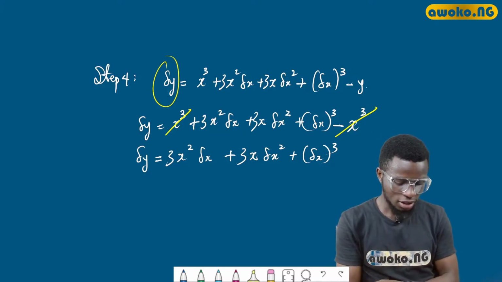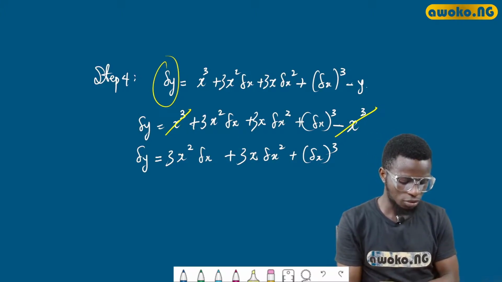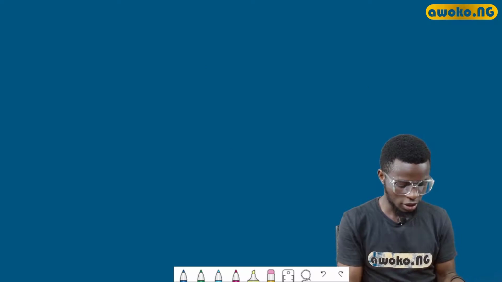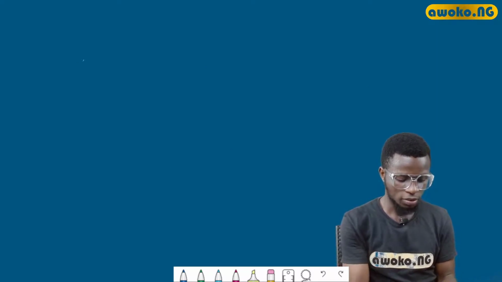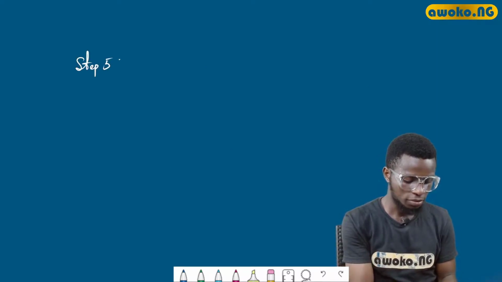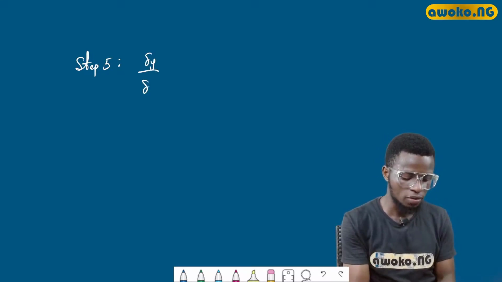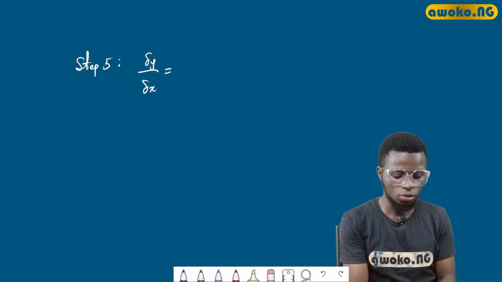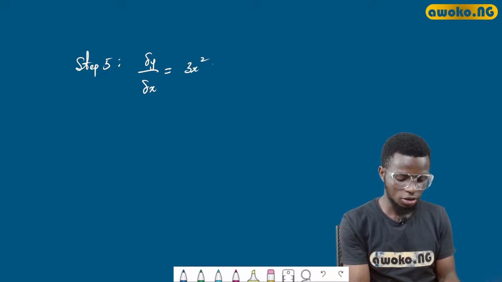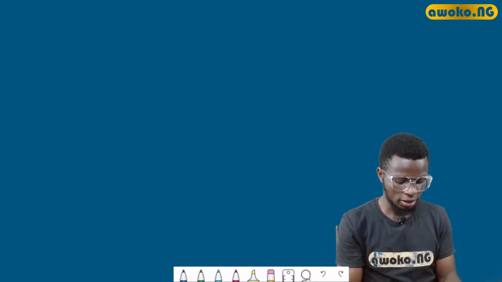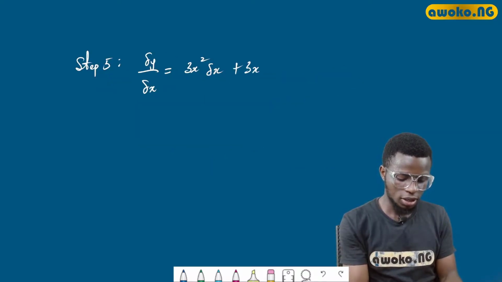To do that, we have to divide through, then let's put step 5. So step 5 is to divide through by dx. We have dy over dx is equal to 3x squared dx then plus 3x dx squared plus dx raised to the power of 3.